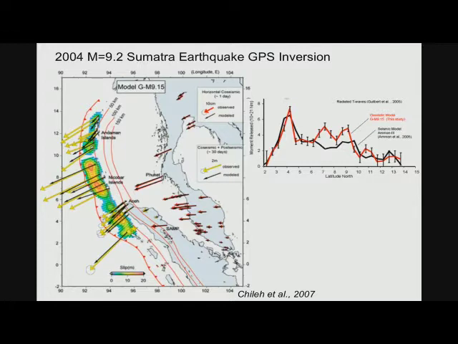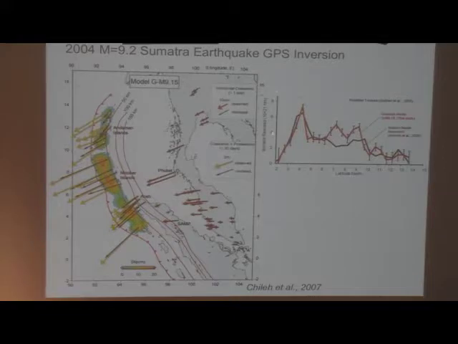Okay, what's shown on the left is actually a comparison between this particular GPS inversion for slip and one done by Chuck Ammon et al. from seismic data. And what this is showing is moment as a function of latitude. So you can see you get a lot of moment here in this band.